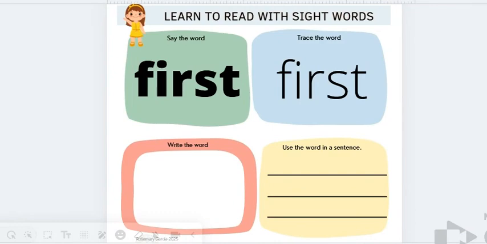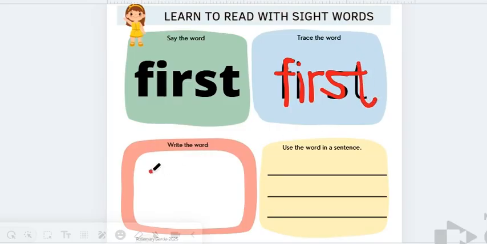F-I-R-S-T. We are going to trace that word. So go ahead and move to the box where it says trace the word. And first letter is F, I, R, S, and T. First.